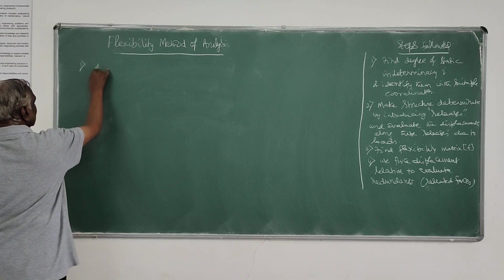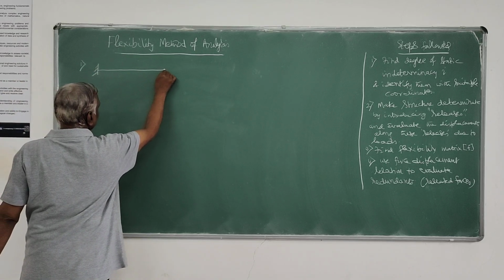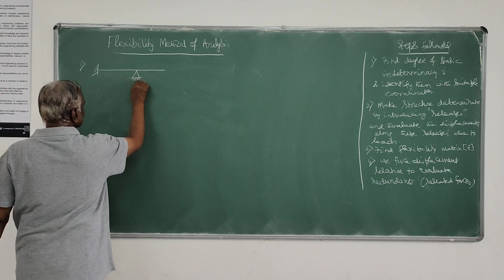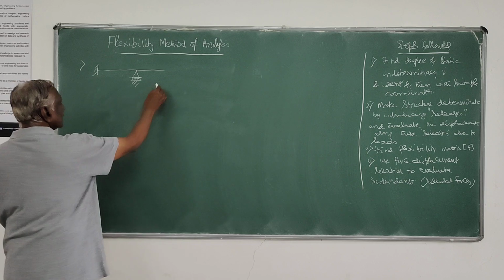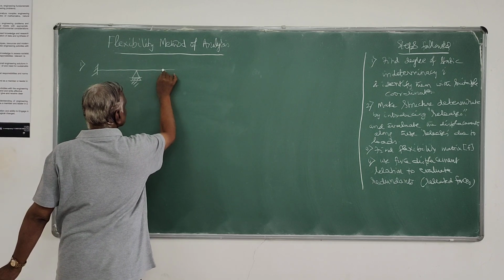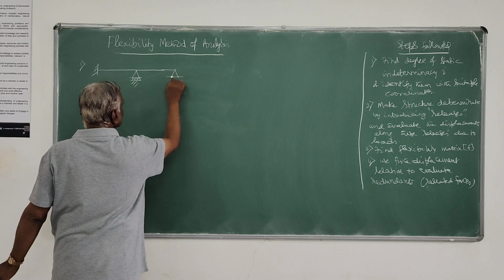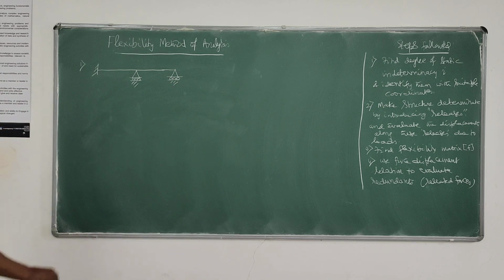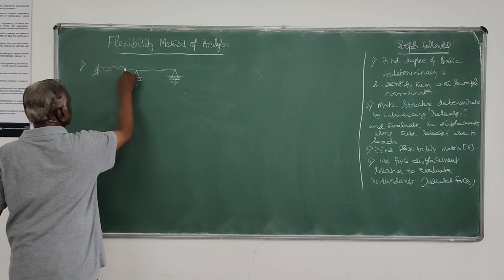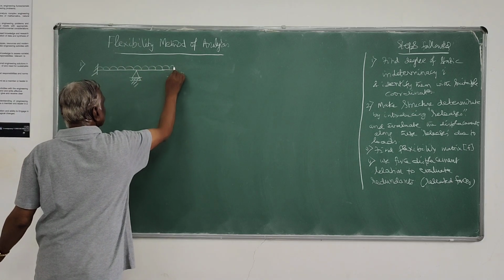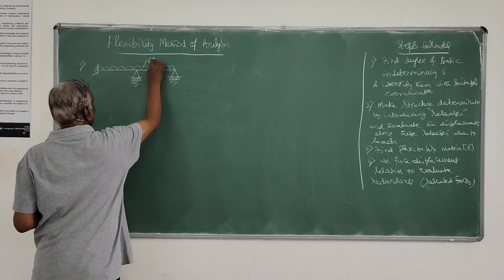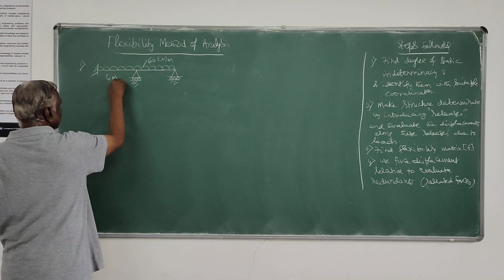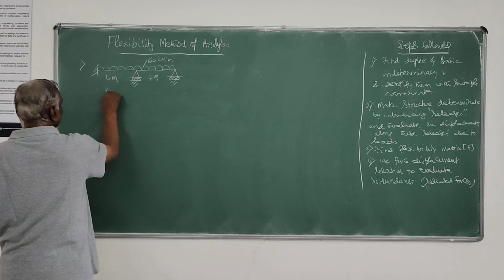Let us take a continuous beam problem, a simple beam problem. Let us take this example. The beam fixed at one end, subjected to a uniformly distributed load of 60 kilonewton per meter, the span being 4 meters.